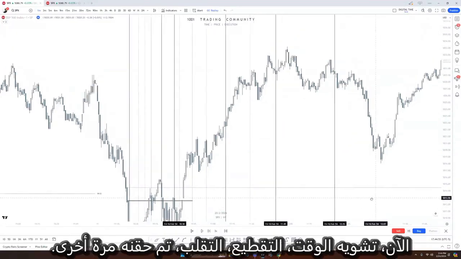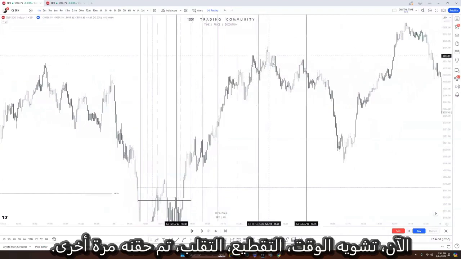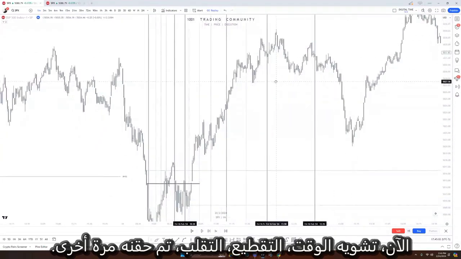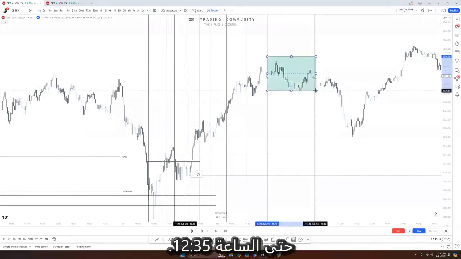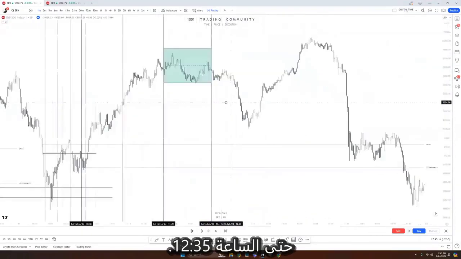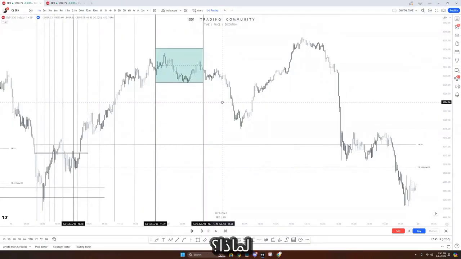Now, time distortion, chop, volatility injected again. So, because we saw this expansion here, once 11:49 hit, we can then expect time distortion until 12:35. Why?